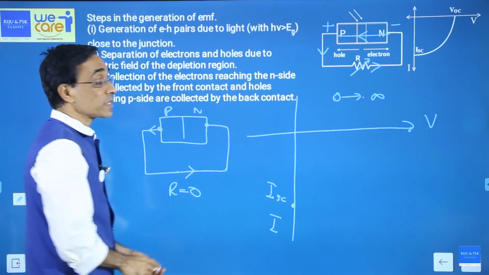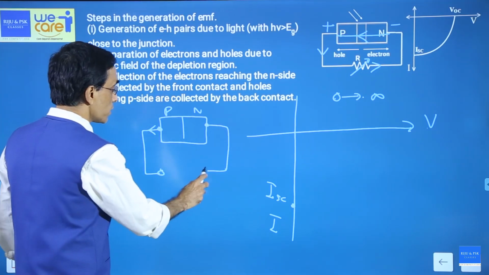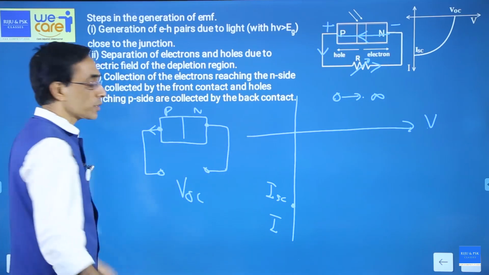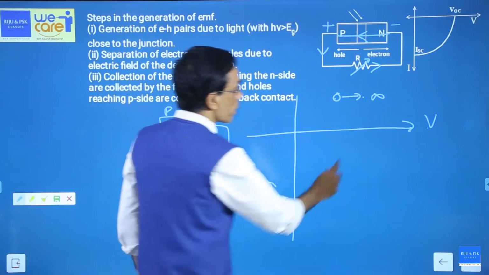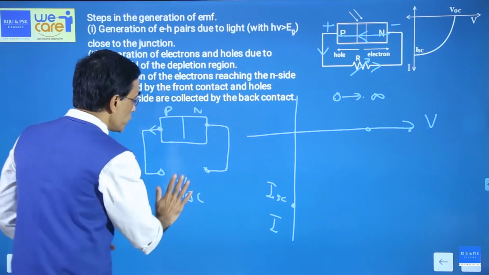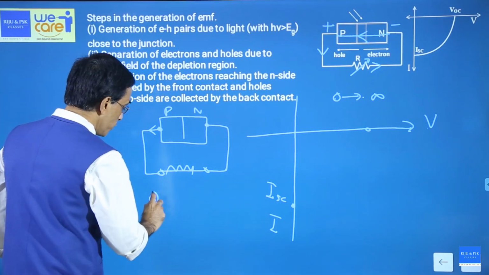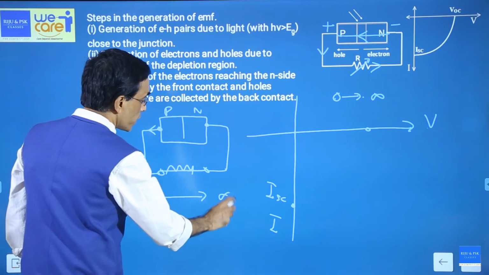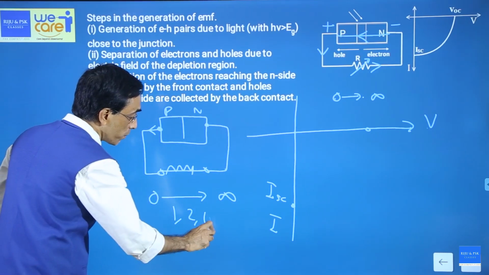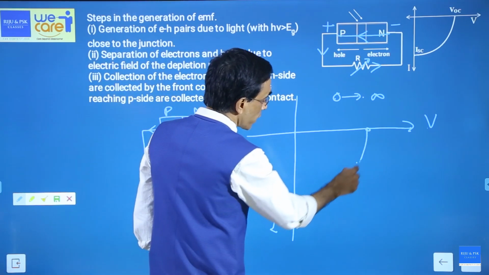Now what is the meaning of resistance infinity? Resistance infinity means you open circuit it. When it is open circuited, there is a voltage available, but there is no current. So that point is available here. There is a voltage but current is 0. Then for other values of resistance in between, like 1 ohm, 2 ohm, 5 ohm, 10 ohm, etc., you will get different points and you get a curve like this one.